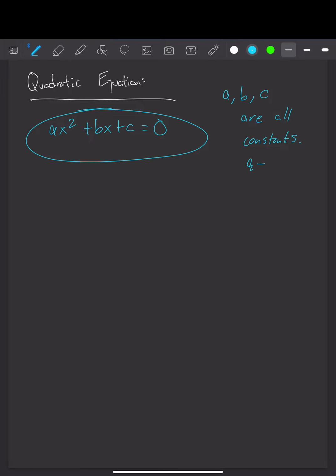But also a cannot be 0, just keep that in mind. If it's 0, it's not going to contain an x squared, and that leading squared term is what makes this a quadratic equation. So usually we use this form to distinguish that it's a quadratic equation.